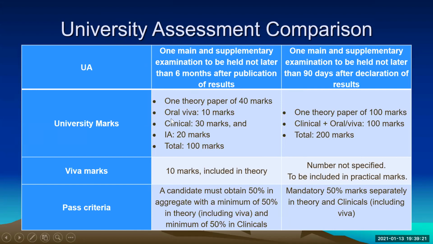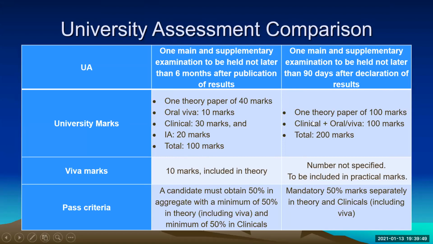Then regarding the university assessment marks, there was one theory paper of 40 marks up till now. Here there will be one theory paper of 100 marks. Then oral viva we used to take of 10 marks, and clinical were 30 marks. Internal assessment was 20 marks, so the total was 100 marks, including viva, internal assessment, theory and practical.